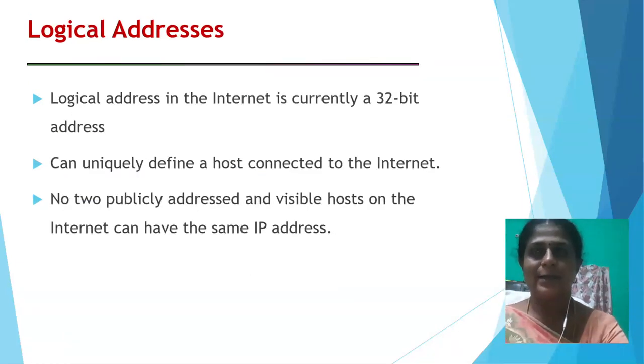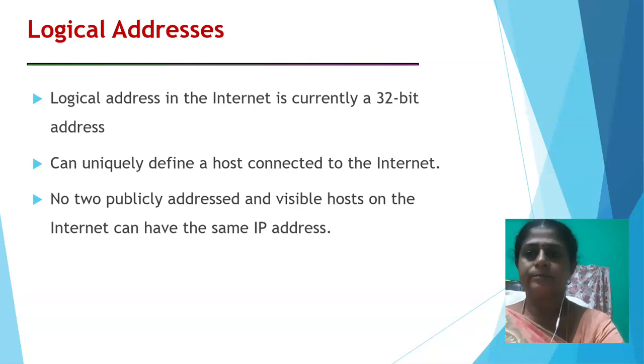Logical addresses are currently 32-bit addresses. Every logical address will uniquely identify a host or a node that is connected to the internet. So if I am here in India, in Tamil Nadu, with a system connected to the internet, I'll have an address, and nobody else in the world will have my address.